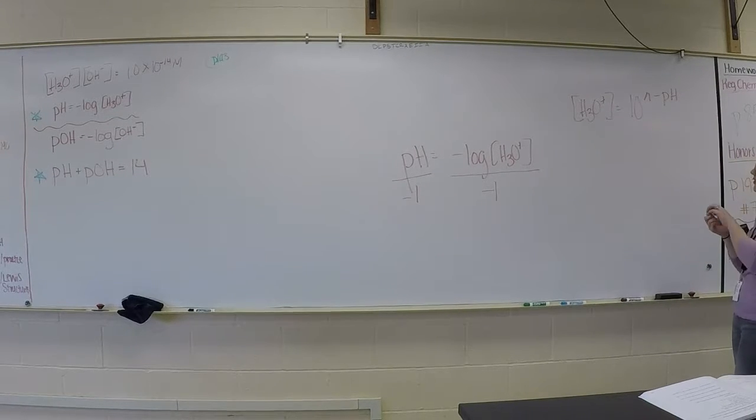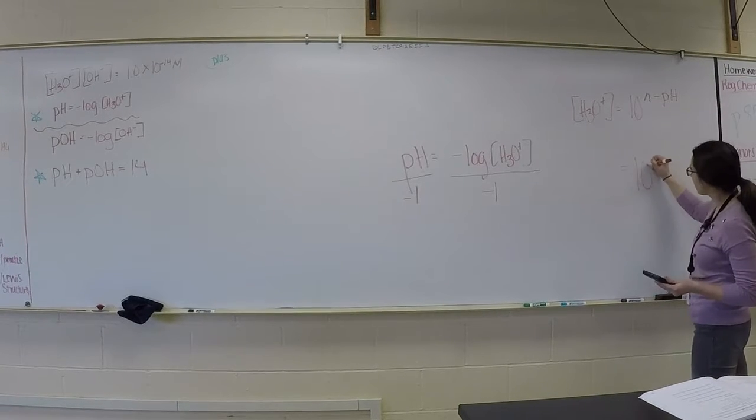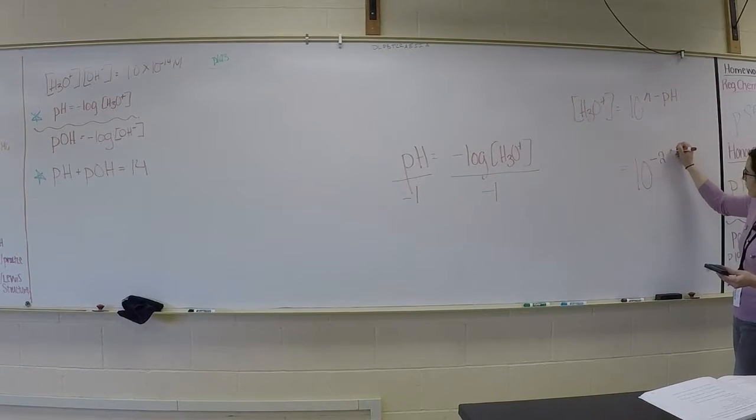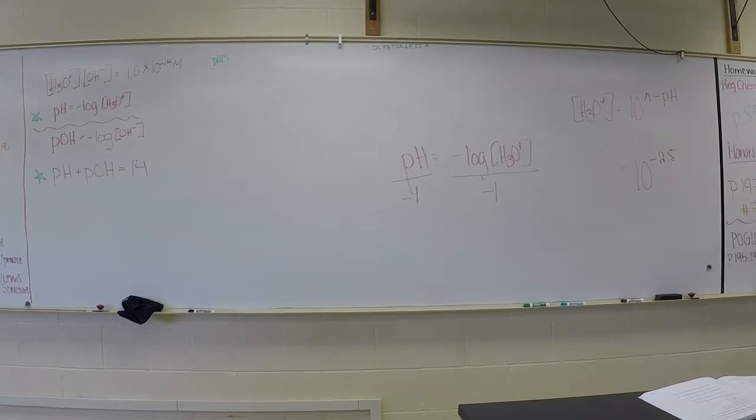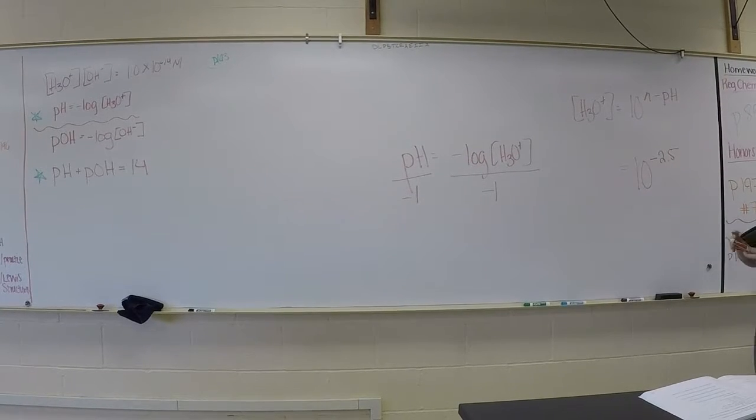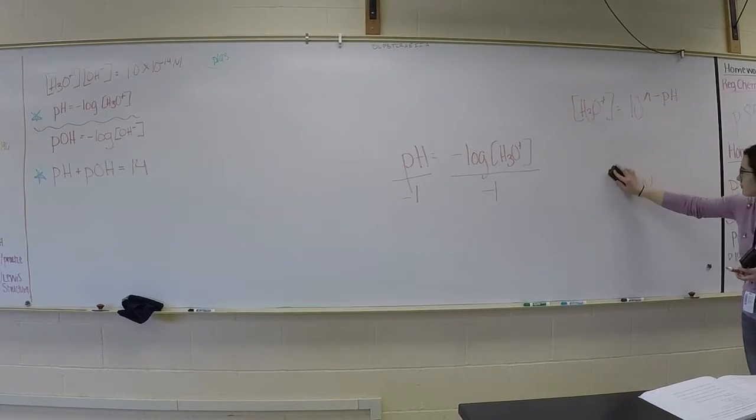If I gave you a pH of 2.5, you would just do 10 to the negative 2.5 and solve your anti-log. It's like 0.00316. It might have given it to you in scientific notation.